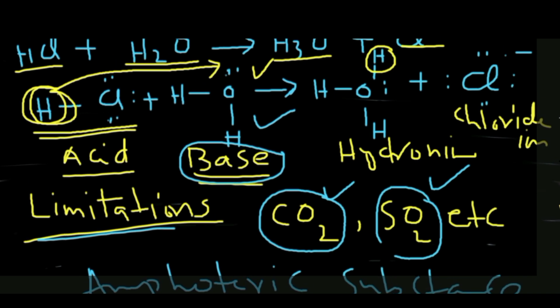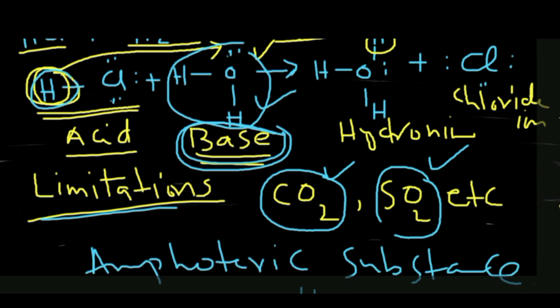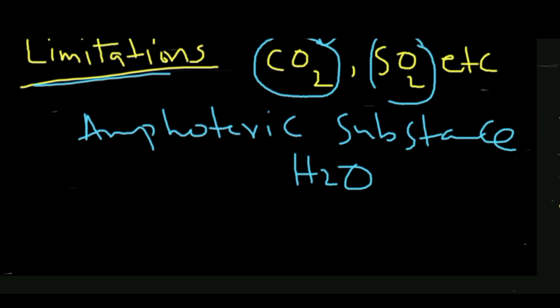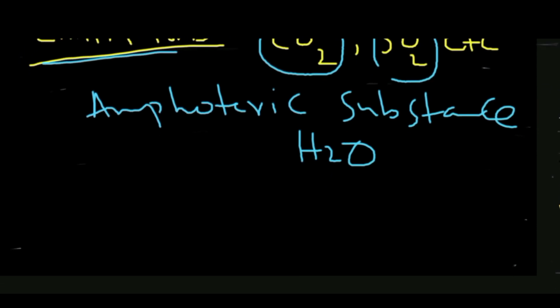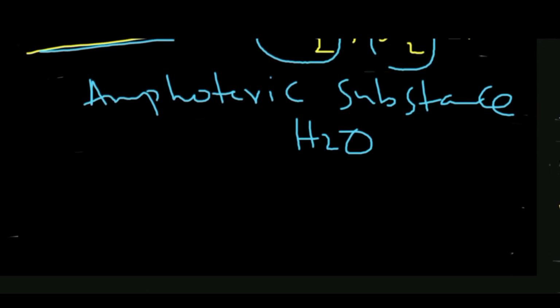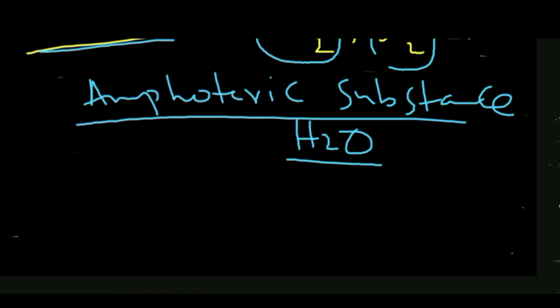In this example, water behaves like a base because it accepts a proton from HCl, while in some cases, instead of accepting protons, it gives a proton. So water is an amphoteric substance.